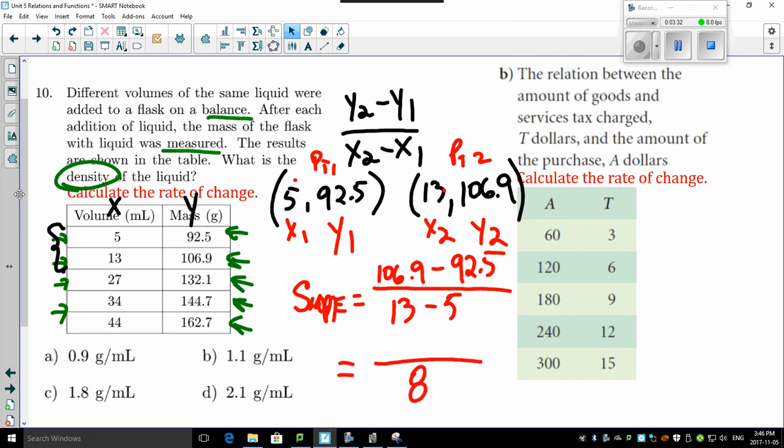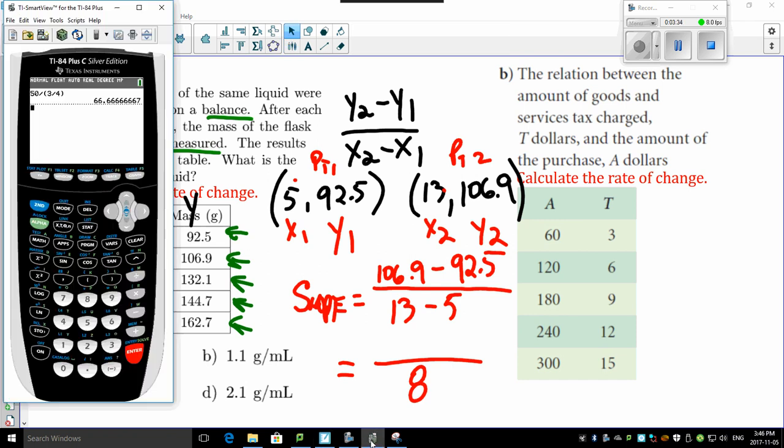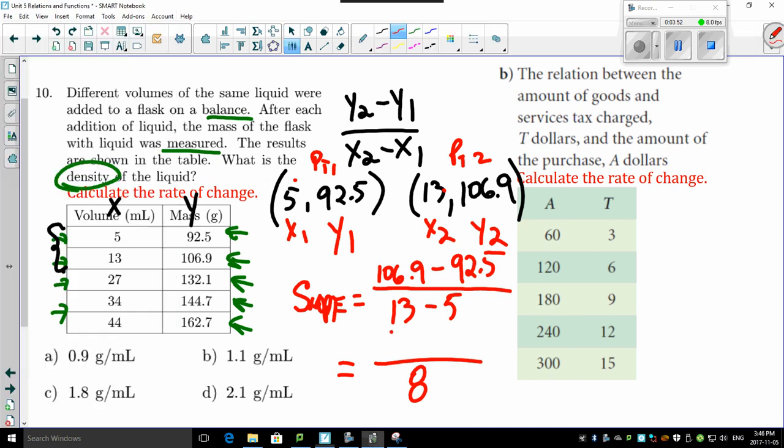But the top might be a little bit more challenging, so okay, let's bring up Mr. Calculator. Here it is. Let's go 106.9, subtract 92.5. We get an answer of 14.4. So this, in fact, is 14.4 over 8.